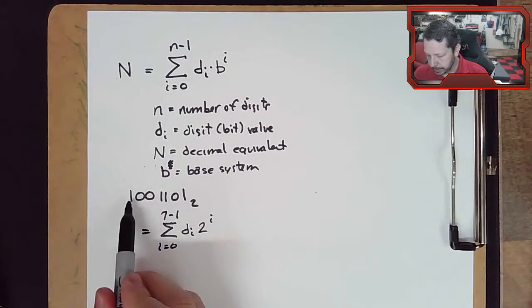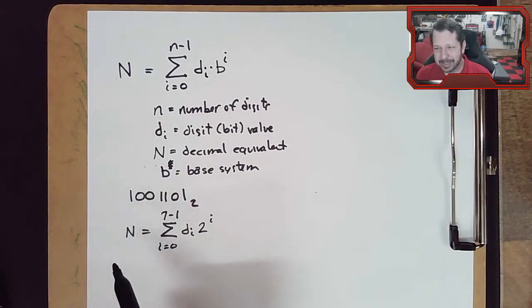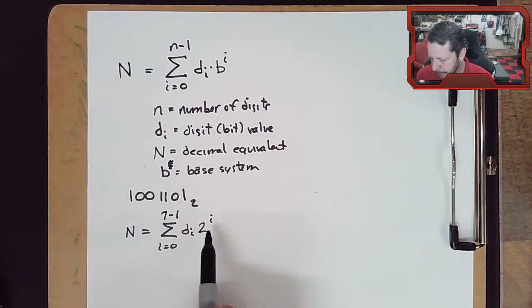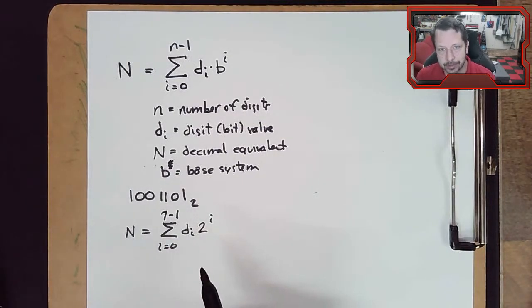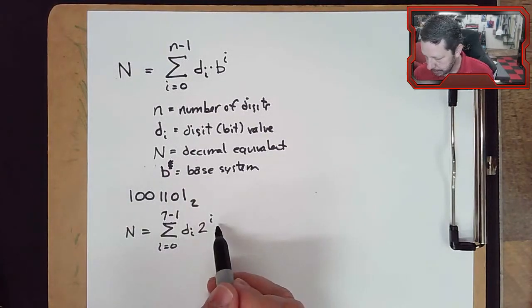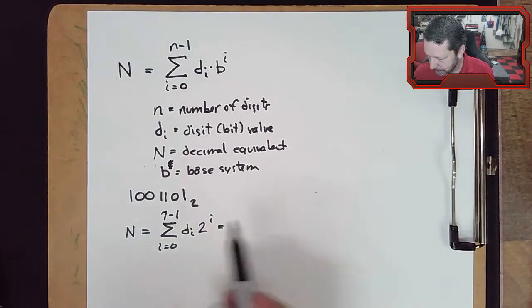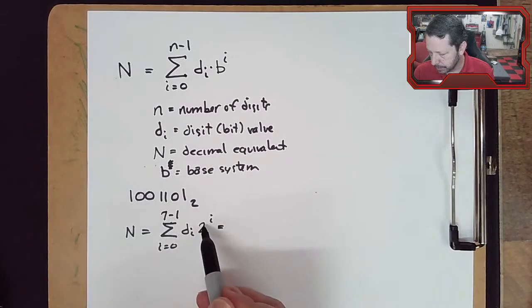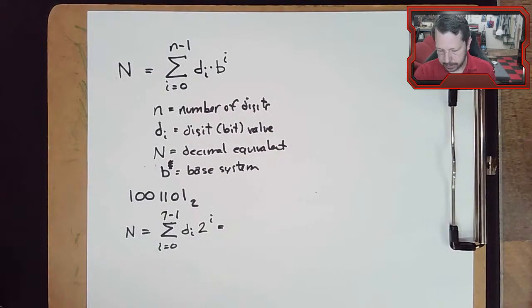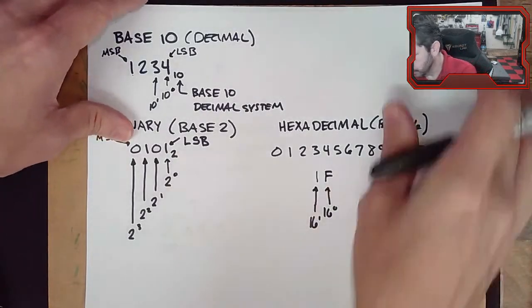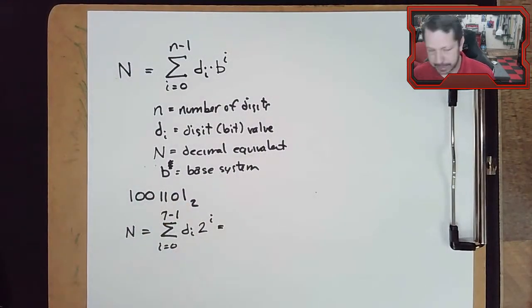If you're doing this by hand, this might be the only place that you would make a mistake, is starting over here and working your way across. And this equation would not generate the number you're trying to generate at that point. So you do start at the least significant bit. And you can kind of rationalize that because your index is going to be 0, and the first number that's going to pop out of here is 2 to the 0, which is associated with the least significant bit. So you do have to be sure that you start on the least significant bit side.